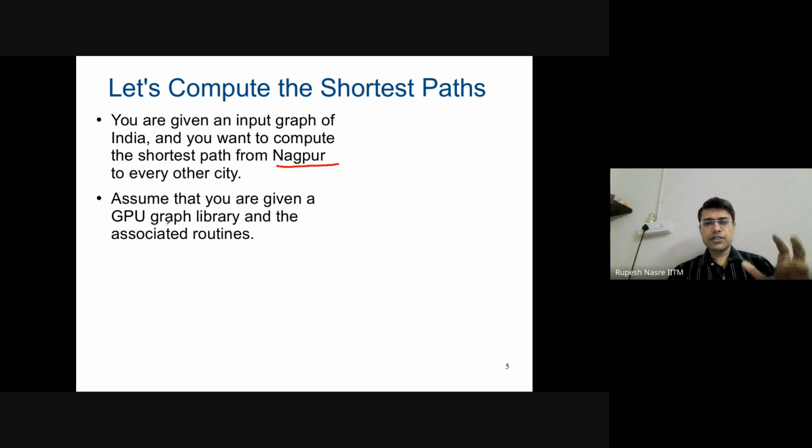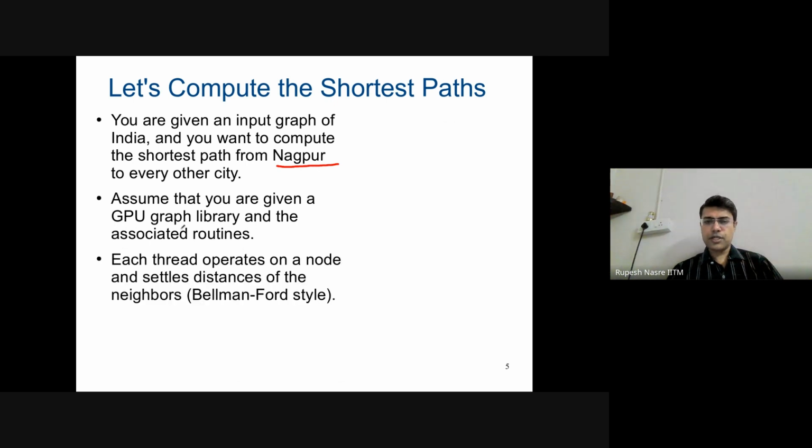Assume you are given a GPU graph library and the associated routines, and we want to settle the distances in Bellman-Ford style. So we have Nagpur, and then there are these edges, the roads connecting different cities. If A is at 0 distance, then B gets the distance 7, C gets the distance 3, and D gets the distance 2.